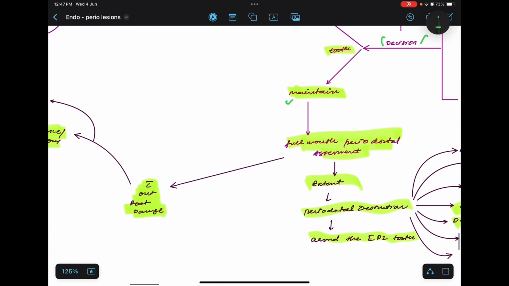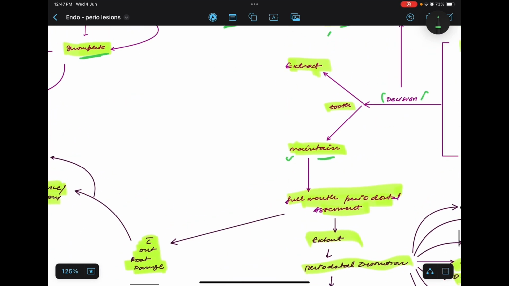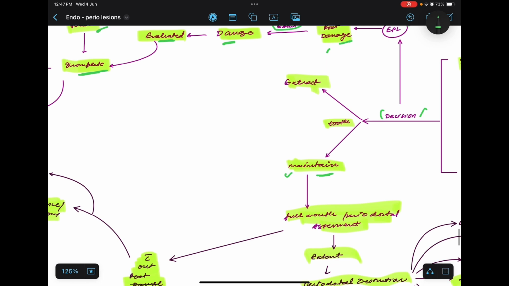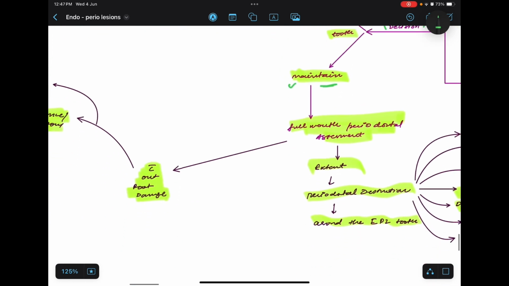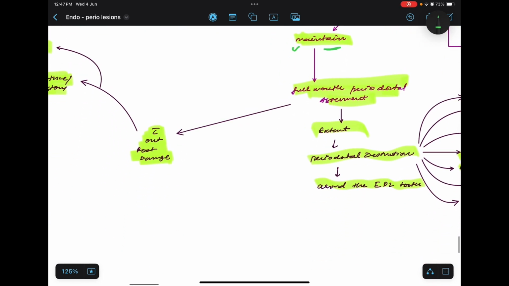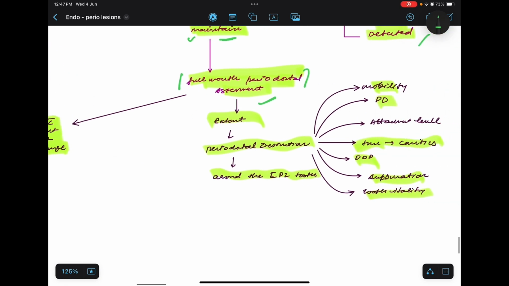If you want to maintain the tooth, first we check whether there is root damage. Then we go for full mouth periodontal assessment. What do we do here? We check for the extent of periodontal destruction around the endo-perio lesion involved tooth.